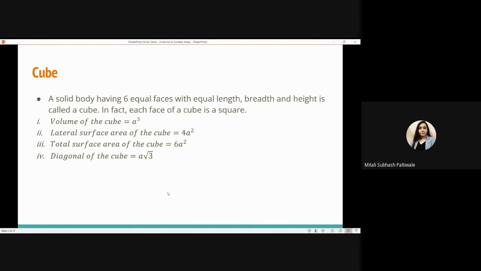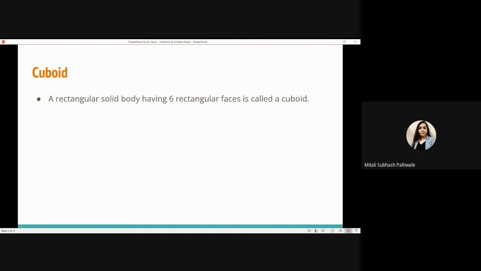Okay, now let's move ahead with another shape, that is cuboid, which looks like a cube, but at times you may find it in a rectangular shape or in some other way. So let's see what exactly a cuboid is. A cuboid is a rectangular solid body which has six rectangular faces.